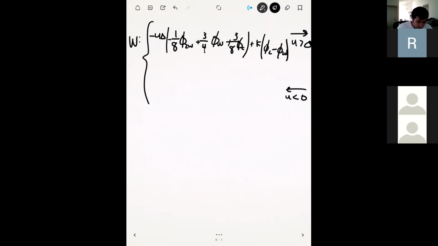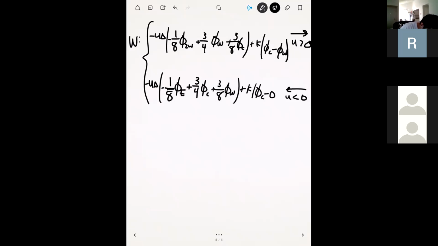I just realized I made a mistake on the previous page, but let me finish writing these, and then we'll go back to that. So if u is less than 0, we have minus u delta times minus 1/8 phi sub e plus 3/4 phi sub c plus 3/8 phi sub w plus k times phi sub c minus phi sub w.